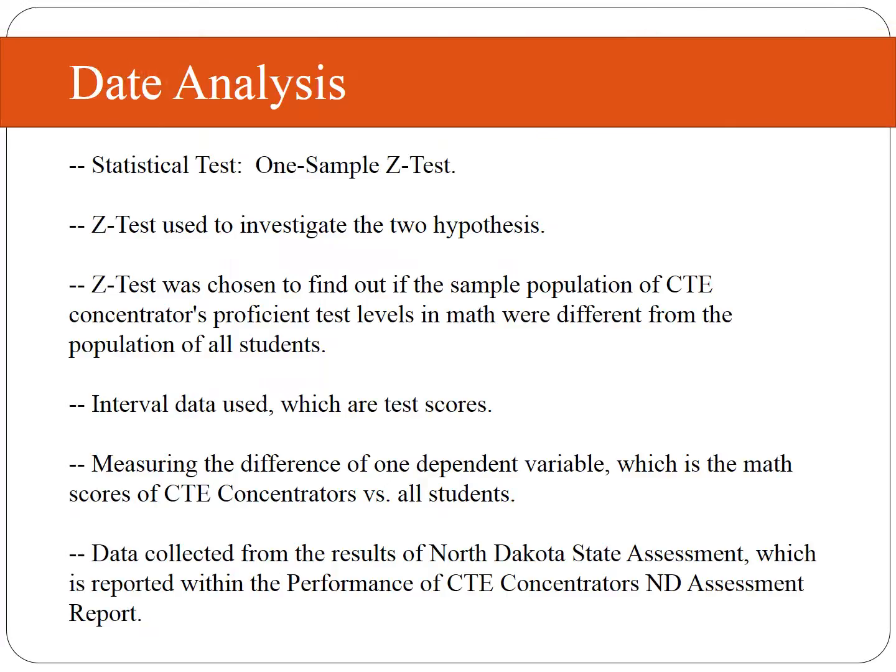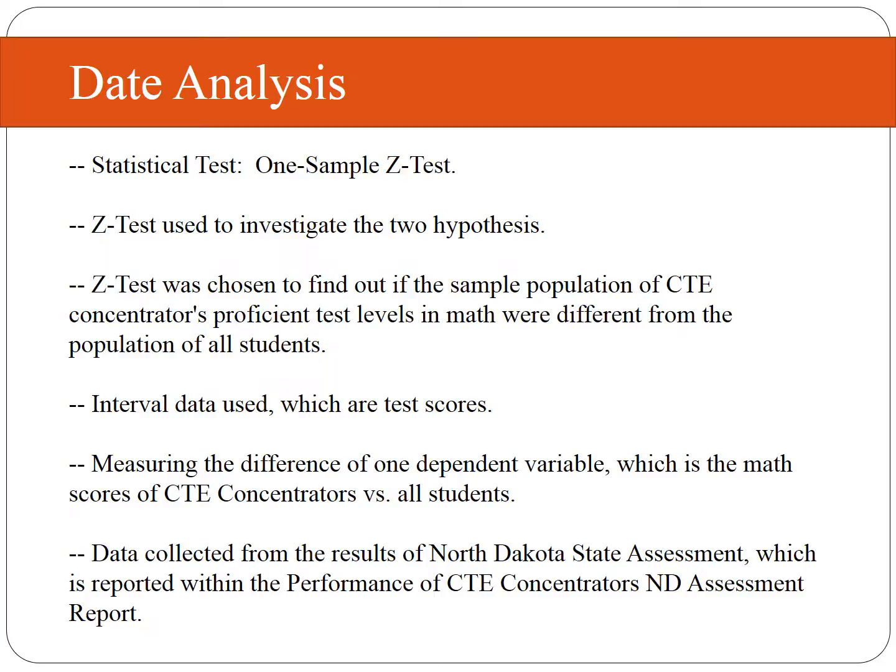So the statistical test that I used is the one sample z-test, and it's used to investigate the two hypotheses I mentioned earlier, the null hypothesis and directional research hypothesis. And this z-test was chosen to find out if the sample of the CTE concentrators' proficient test levels in math were different from the population of all students.